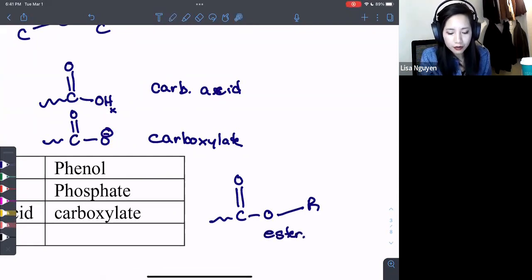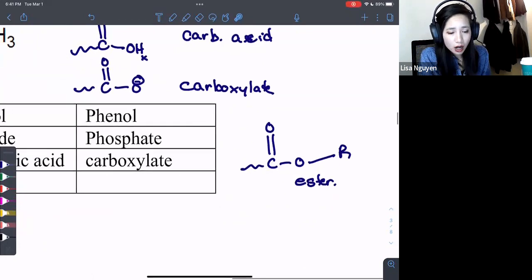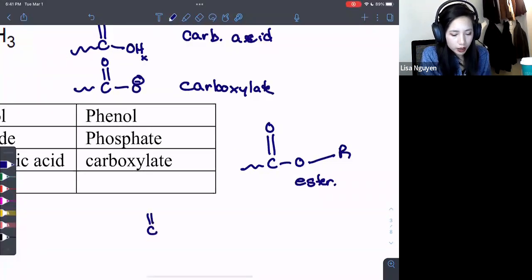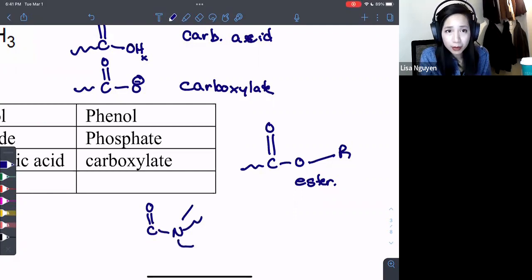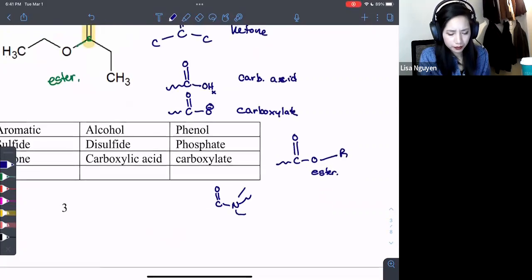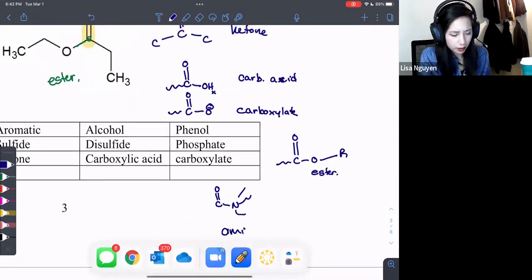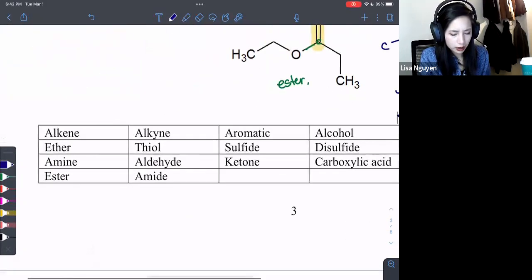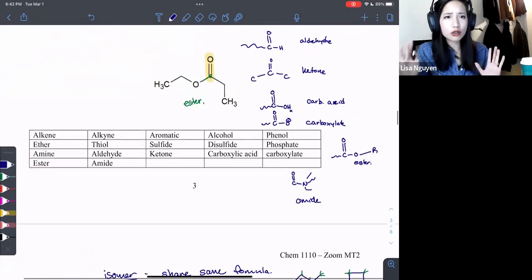Where you have this carbon, oxygen, and then a bunch of carbons on the end. That's an ester. And then other things other than oxygen, we can have carbon, double bond O, with some nitrogen and stuff attached to it. This is an amide, all right? And I think that's it. Is that all of them? Yes, that's all of them. All right, so those are functional groups.